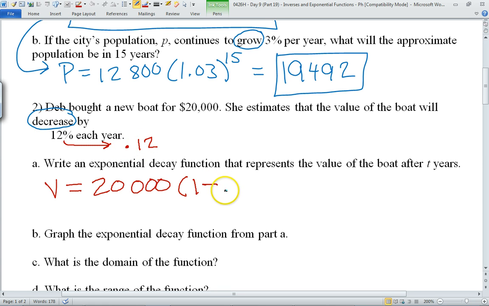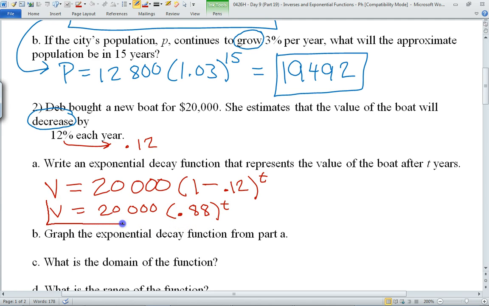So I need to do 1 minus 0.12. T years, so I will use t this time. Now, I encourage you not to leave it as 1 minus 0.12. You should go ahead and write 0.88. And this would be a good answer to put for part A.